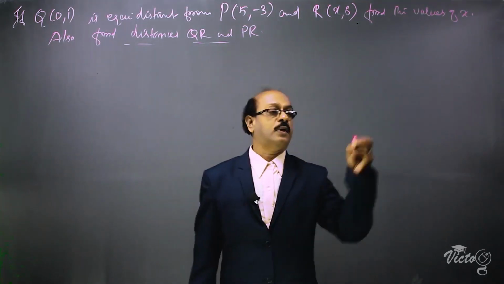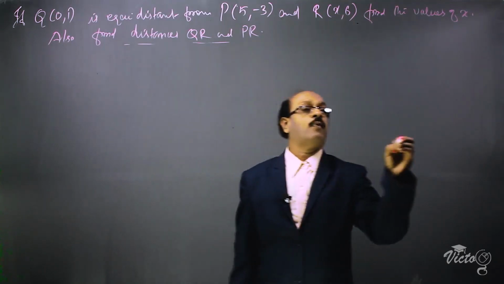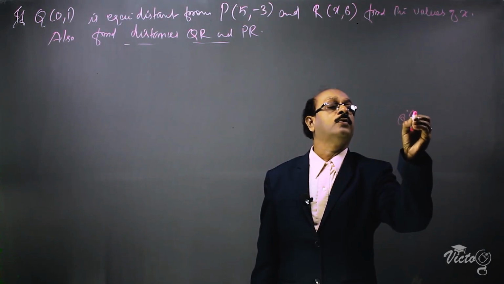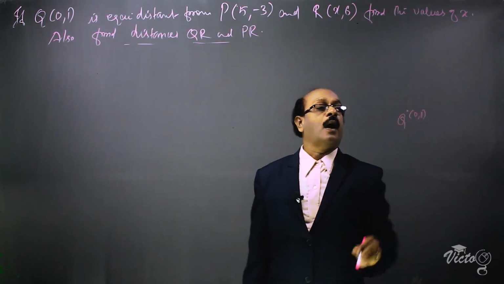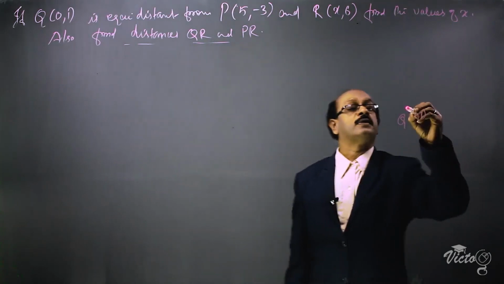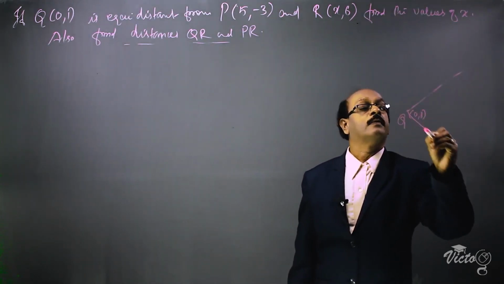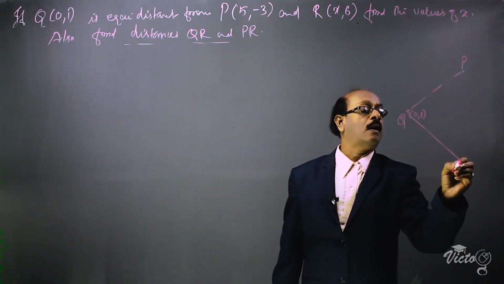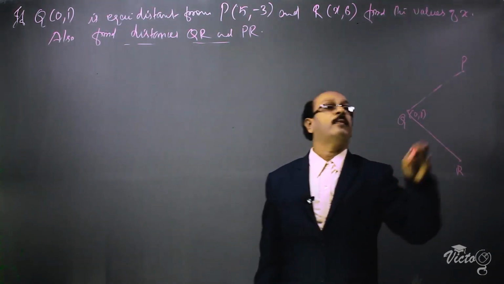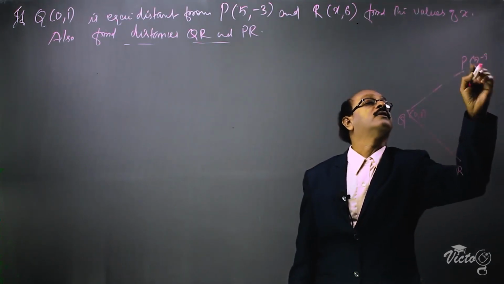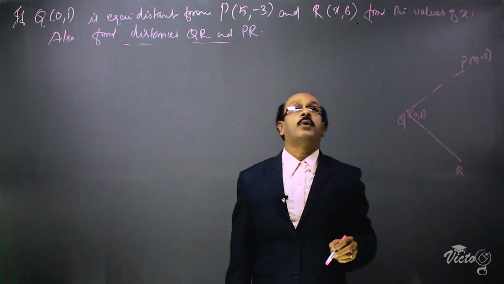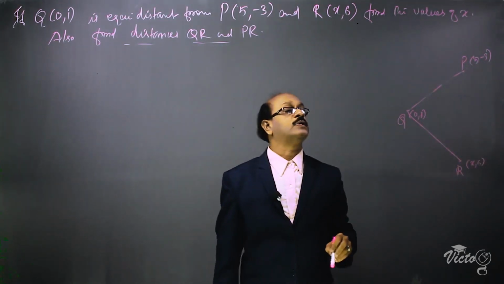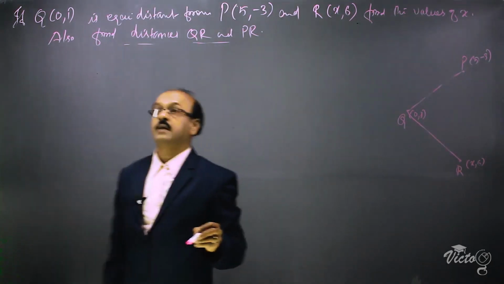The point Q(0,1) is here, equidistant from two other points, P and R. The coordinates of P are (5,-3) and the coordinates of R are (x,6).